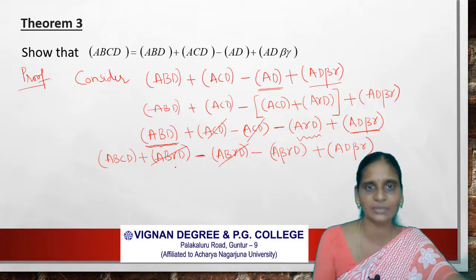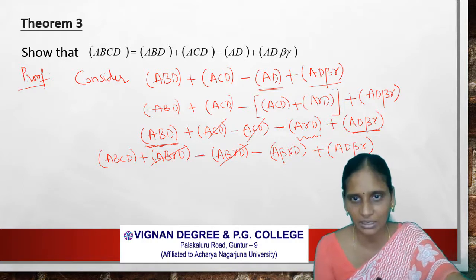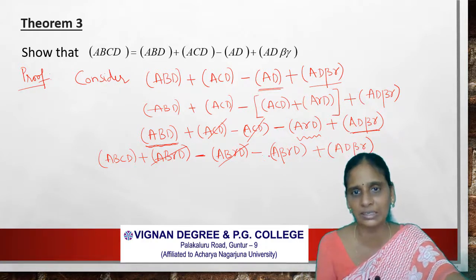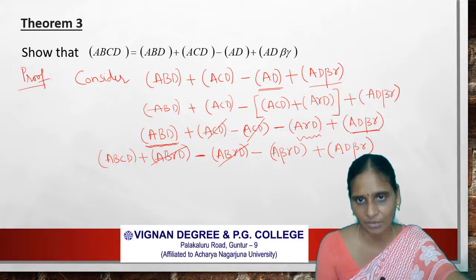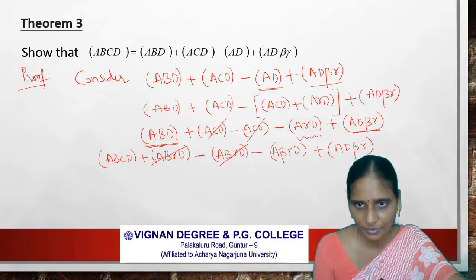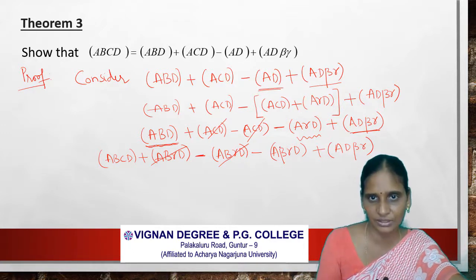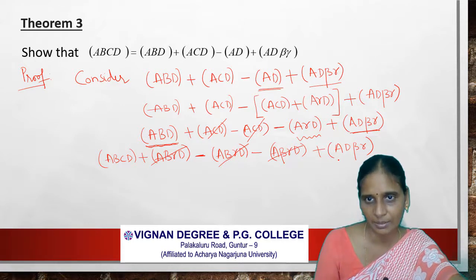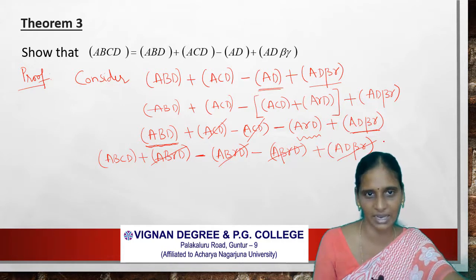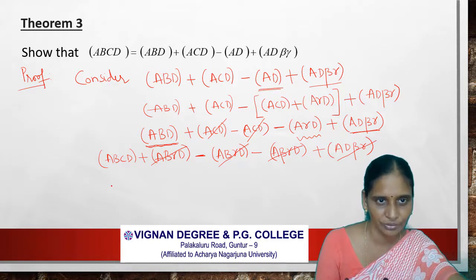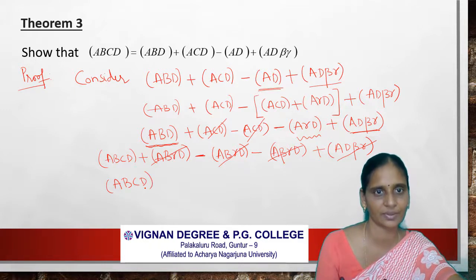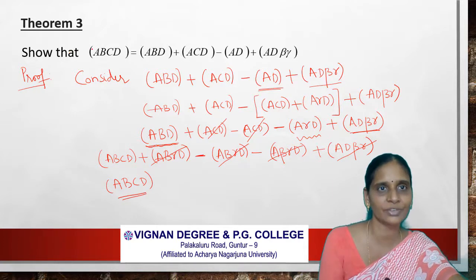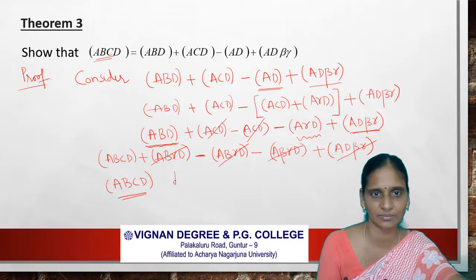So these two class frequencies are cancelled, and the remaining, the last two class frequencies, that is minus frequency of A beta gamma D plus frequency of, here also, A beta gamma D. So this is the plus term and this is the minus term. So those two get cancelled. Finally, we get only one class frequency, that is frequency of ABCD. So this is the left hand side's expression.